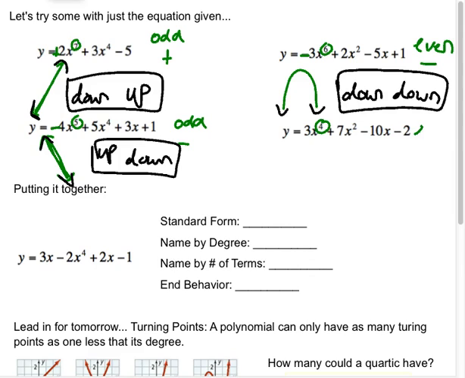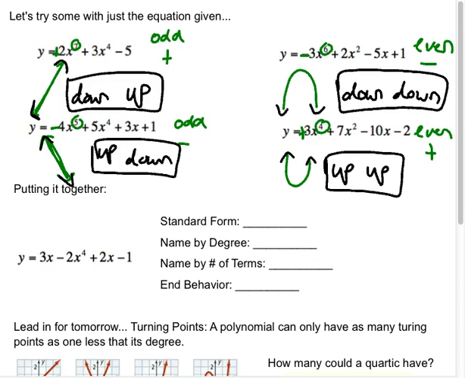And here, an even positive is like a parabola opening upward. To the left, it's going to be going up, and to the right is going to be going up. Okay, and if you just know to check those two things for me, then you're going to ultimately be just fine.